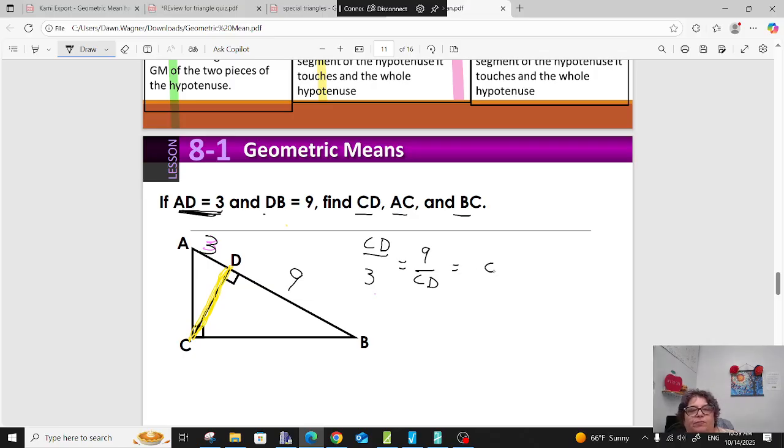When you cross multiply, you get CD squared is equal to 27. Then you take the square root, which would be 9 times 3, which would be 3 square root 3 is equal to CD. Do I care about the minus? Technically, I should put a minus, but no, because it's an actual side length, you throw the minus out. So CD is 3 square root 3.